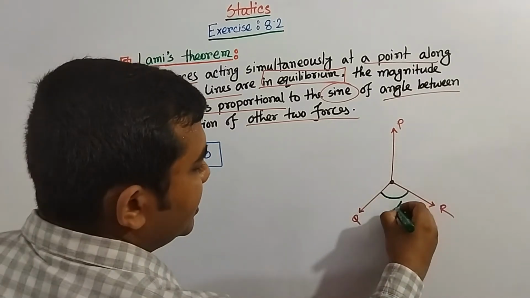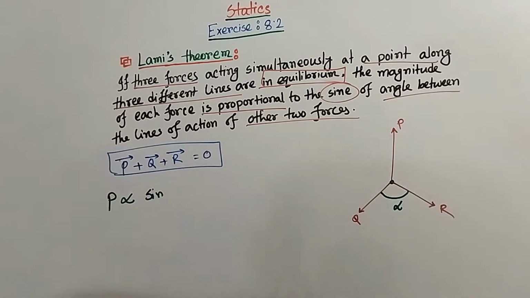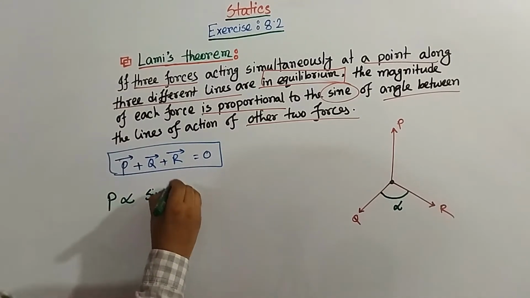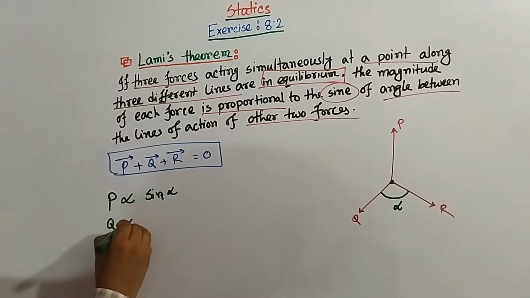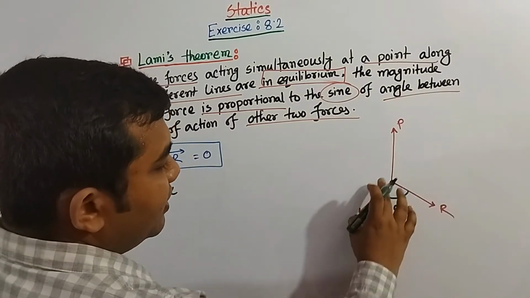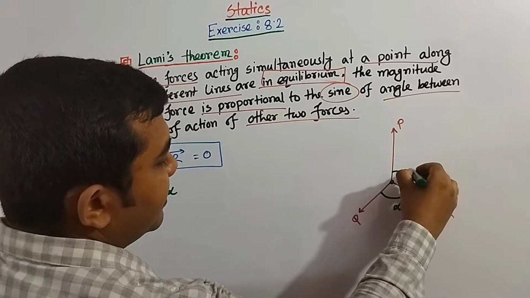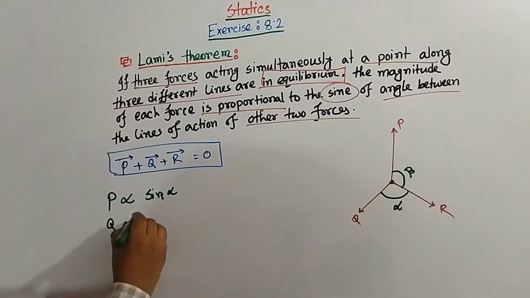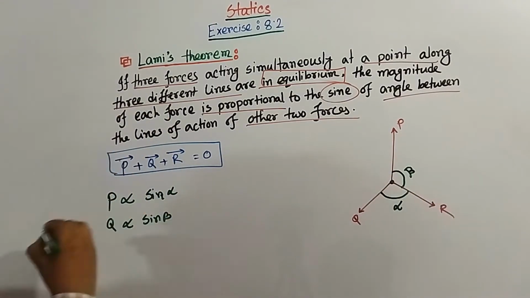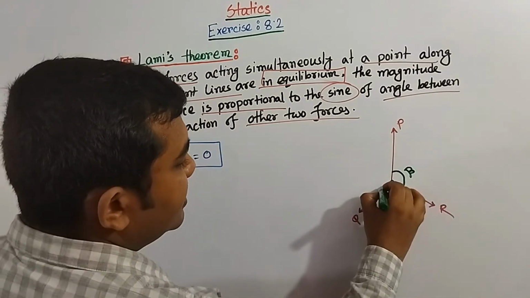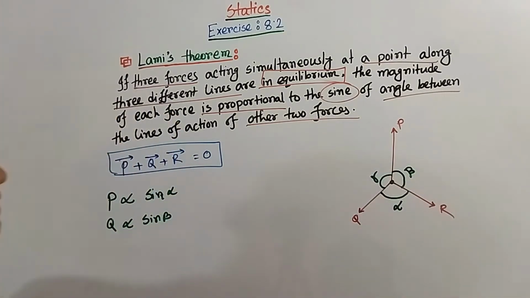Say for example, this is the angle alpha. Then Q is here, so its opposite, say for example, is beta, so Q should be proportional to sine beta. And here R, its opposite, say for example, is gamma, so R is proportional to sine gamma.